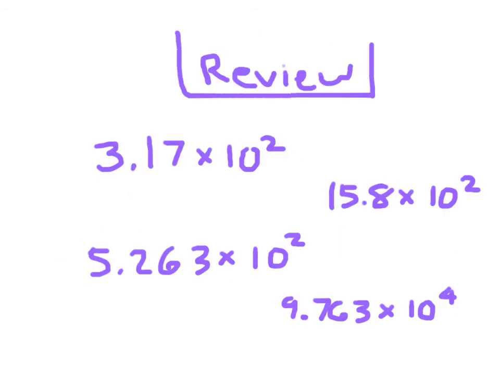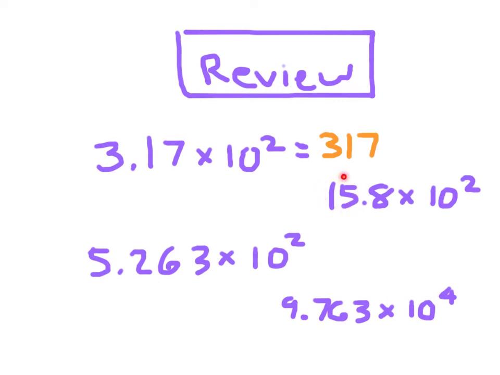Okay, let's go ahead and review. Is this correctly written in scientific notation? Yes, and what would that standard form for that problem be? It would equal 317. Is this one here properly written?